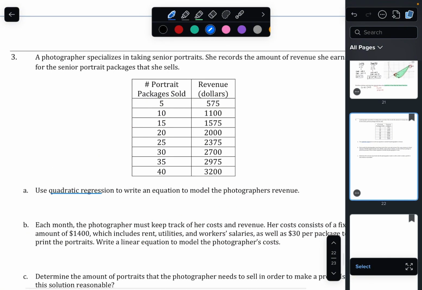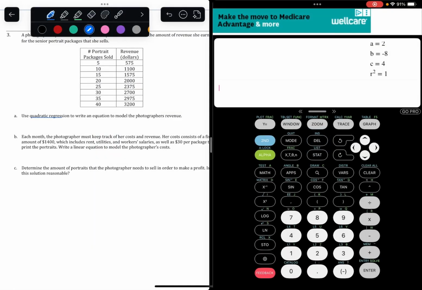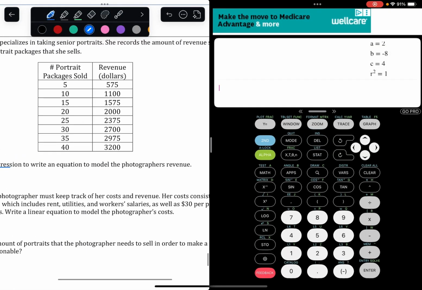Okay, so we're going to get our calculator and we are going to Stat Edit, and then Stat Calc 5 for quadratic.